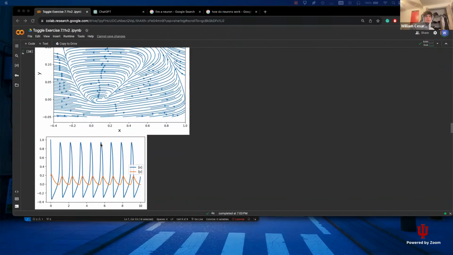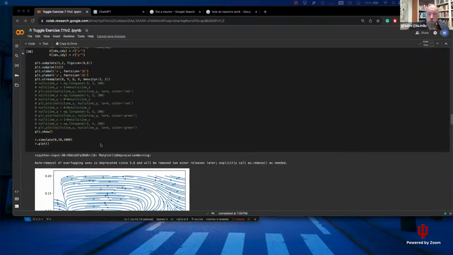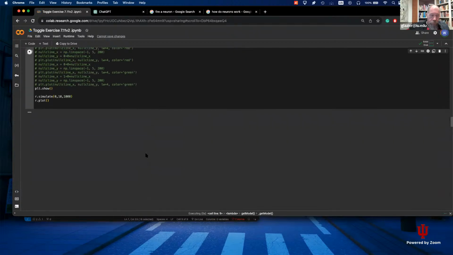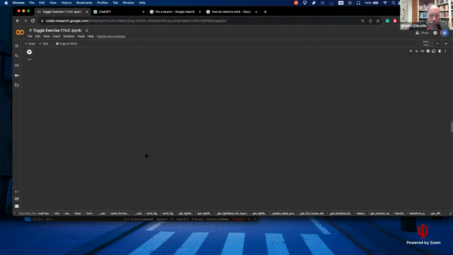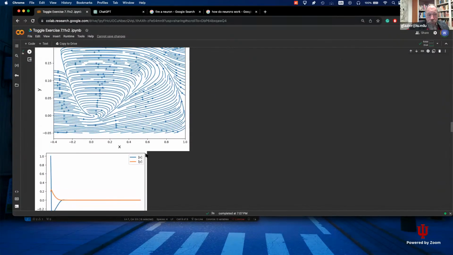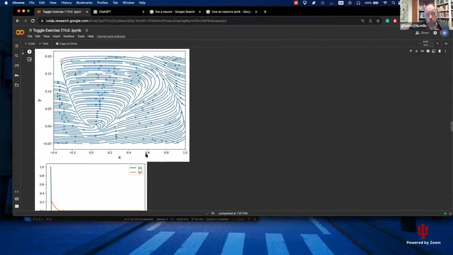Why don't you change it to C equal to 0 and see what you get? So even this tiny change, making C positive, changes you from a pulsatile system to an oscillating system.